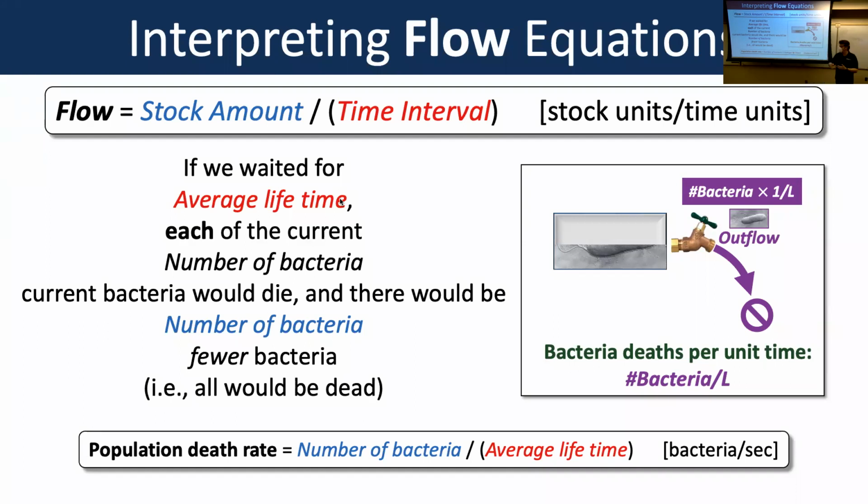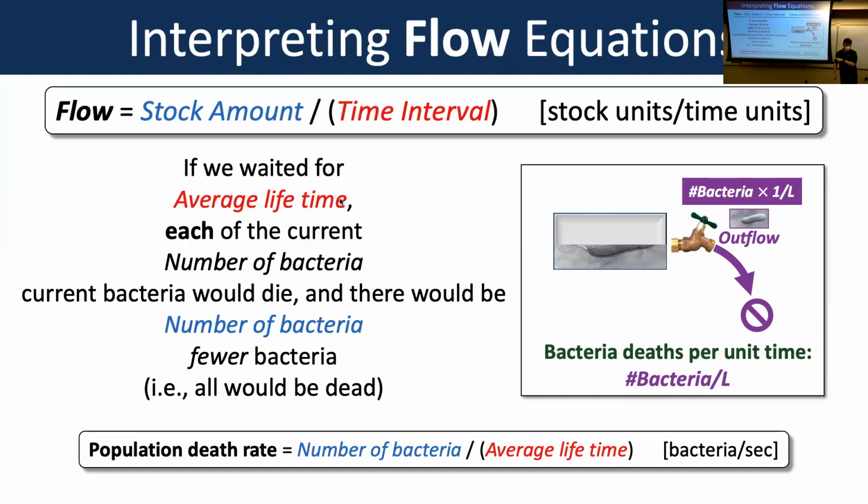So whenever we have a decline that is generated by individuals leaving a system, we measure the average time they stay in the system, and the flow we use is the number of individuals currently in the system divided by that average time. That's how we write those flow equations.